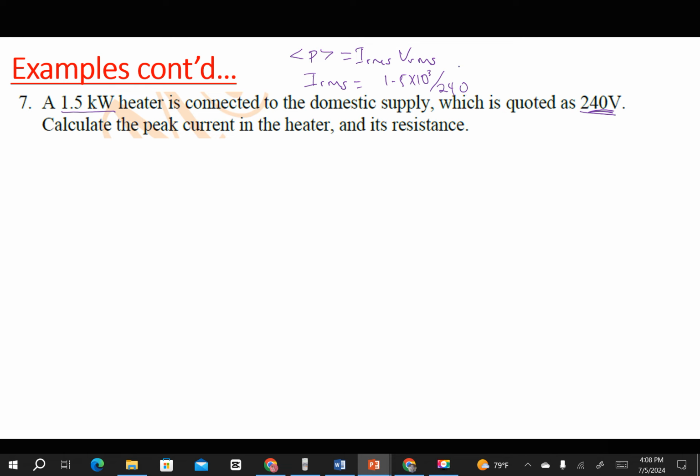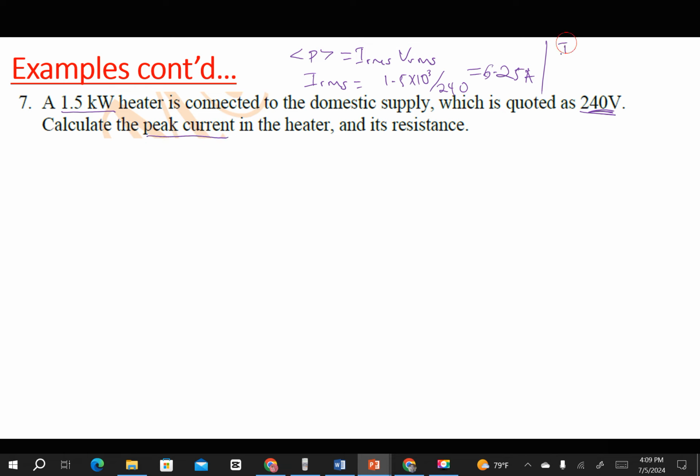Let me press my calculator: 1.5 exponent 3 divided by 240. So this is 6.25 amperes, that is root mean square current.